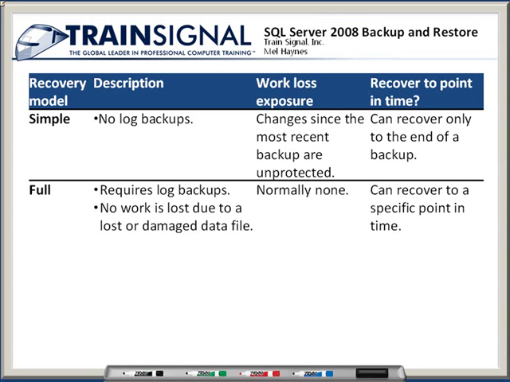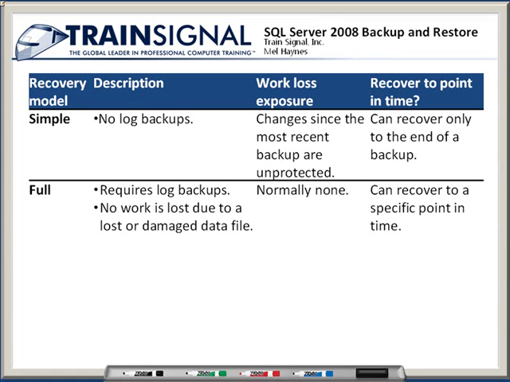The primary recovery model you're going to see in SQL Server is the full recovery model. This one does keep log files, so it requires you to back up your log files to get rid of them periodically. The upside is there's no work loss due to a lost or damaged data file.